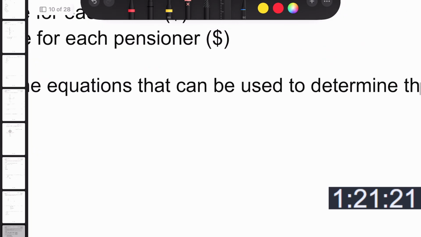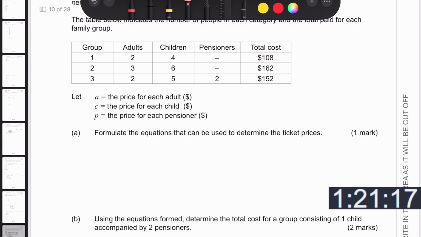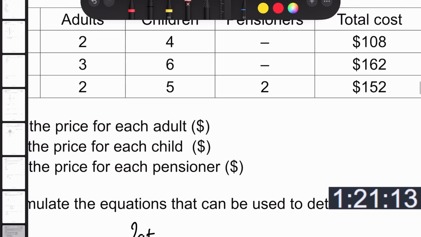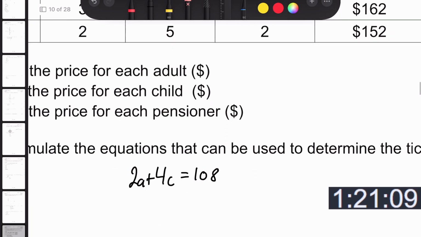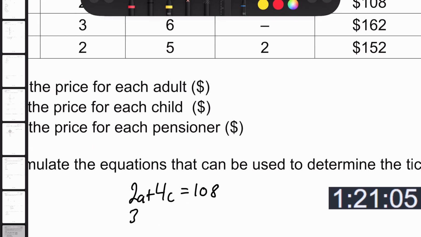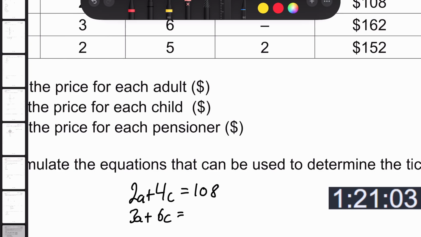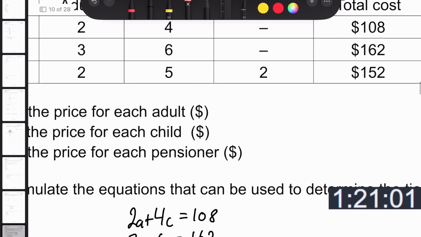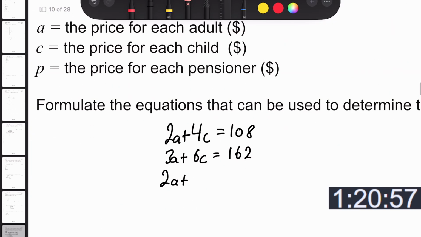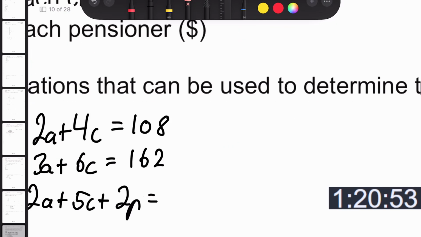Okay, so then we have 2a plus 4c equals 108, 3a plus 6c equals 162, and then 2a plus 5c plus 2p is equal to 152.